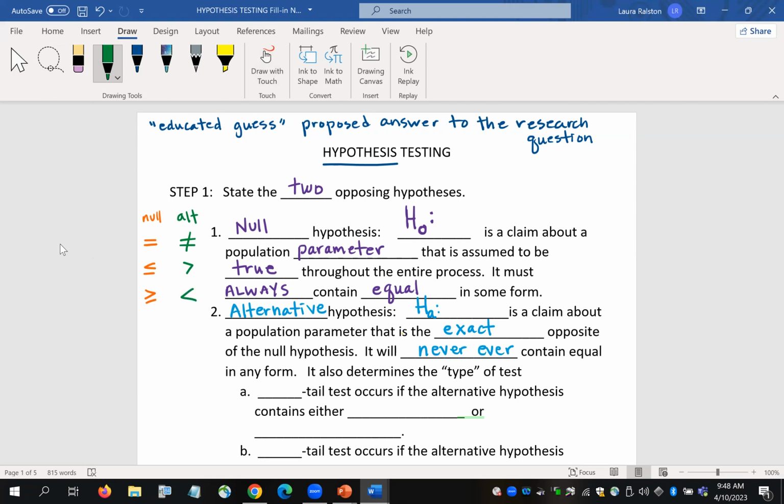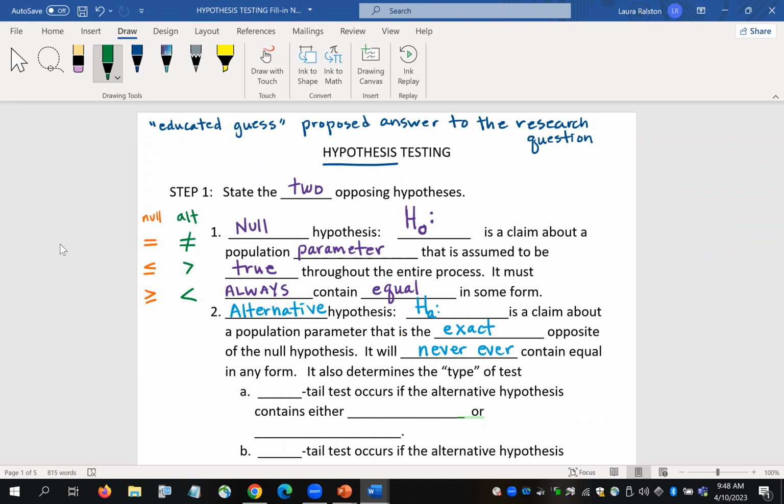Guys, they're always paired this way. If the null is equal, the alternative has to be not equal. If the alternative is less than, then the null has to be greater than or equal to. They're always paired together in this way.